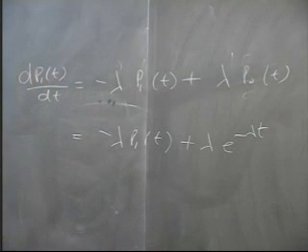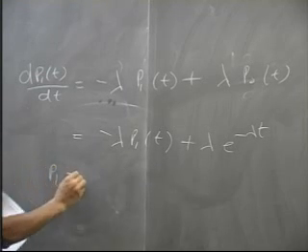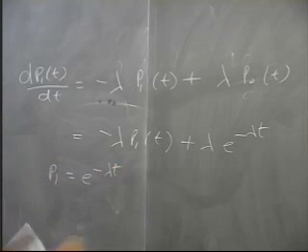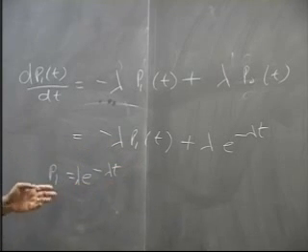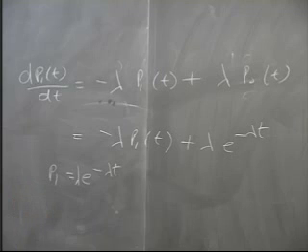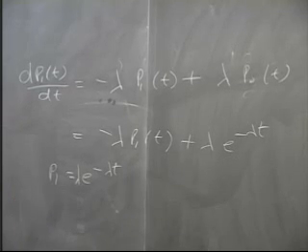This is a very simple differential equation, and if you just do the integration, you get p1(t) equals lambda t e to the minus lambda t. If you differentiate by parts, you see right away that you get this. So we know what p0(t) is, we know what p1(t) is.